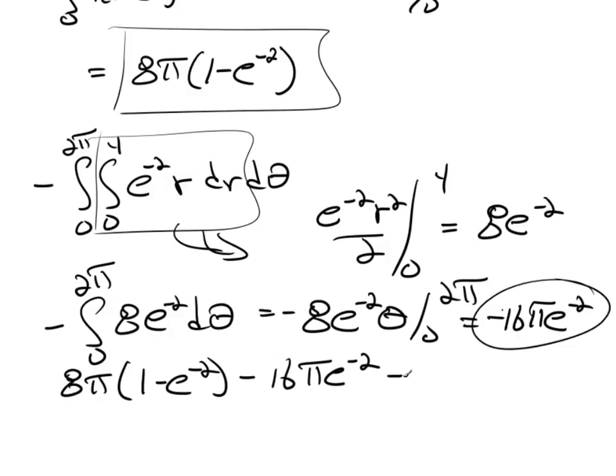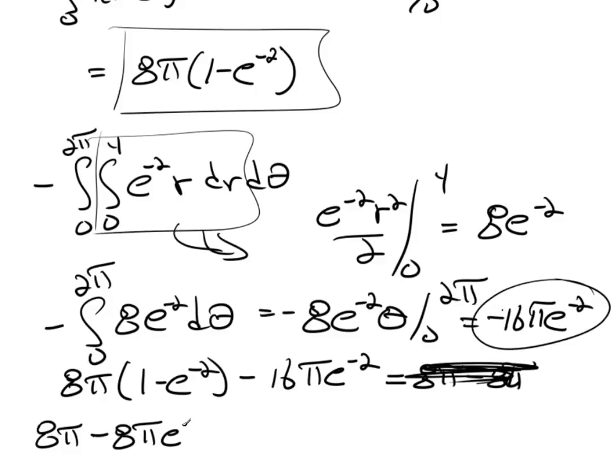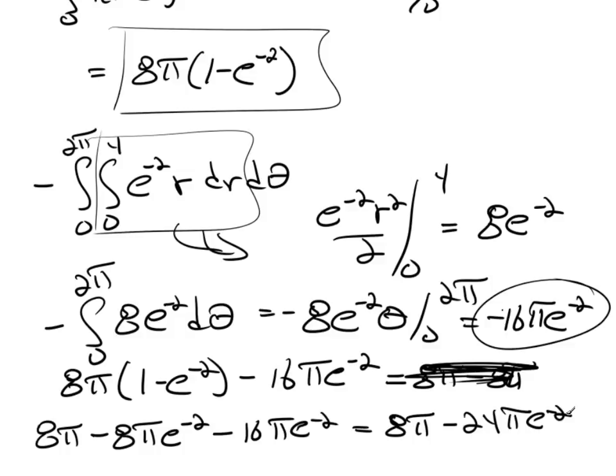This is going to be 8 pi minus 8 pi e to the negative 2 minus 16 pi e to the negative 2, which is going to be 8 pi minus 24 pi e to the negative 2.